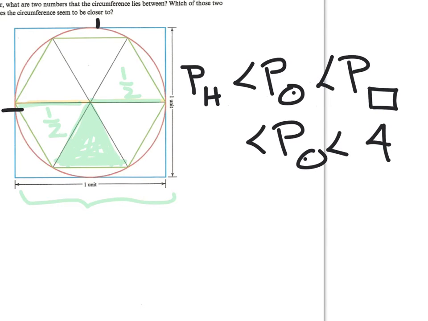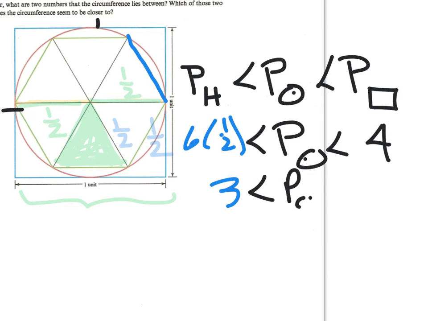If that is equilateral, then this side is 1/2 and this side is 1/2. If that is the case, then each of these outer legs is 1/2. And so you get 6 times 1/2, which is 3. So 3 is less than the perimeter of the circle, which is less than 4.